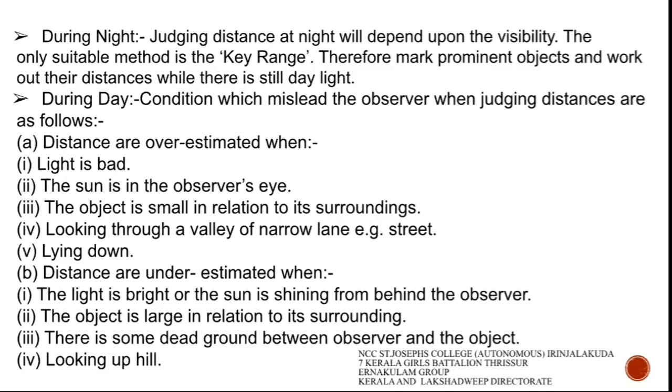Sometimes distances are underestimated when the light is bright or the sun is shining from behind the observer, the object is large in relation to its surroundings, there is some dead ground between observer and the object, or looking uphill.